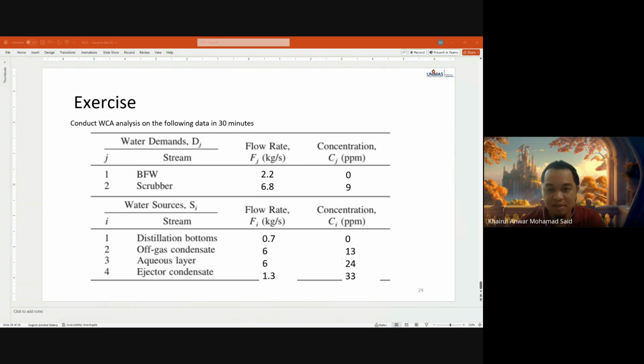Try this one first. Alright, 2 minutes. Let's start the timer.